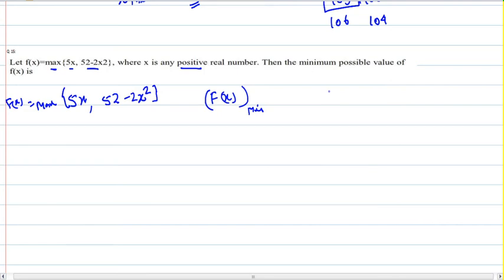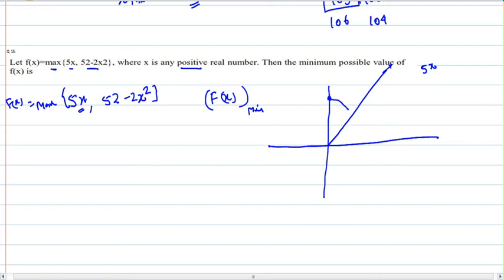So you will have to plot a rough graph in this case. Y-axis, x-axis. y is equal to 5x will be a straight line with a slope of 5. This is the graph for y is equal to 5x. For 52 minus 2x square, if I put x equal to 0, it will intercept here. And as x increases, the graph will start to fall.